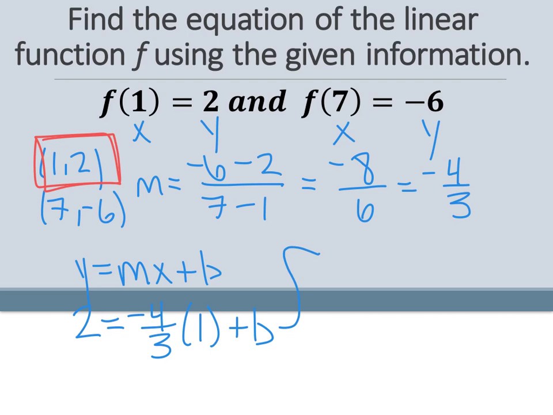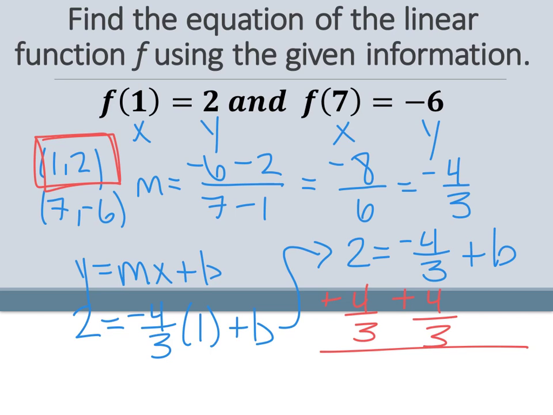I'm going to continue this over here just so I have more room. So 2 is equal to -4 over 3 (I just multiplied the 1) plus b. And now I'm going to add 4/3 to both sides. That gives me 3 and 1/3 is equal to b.